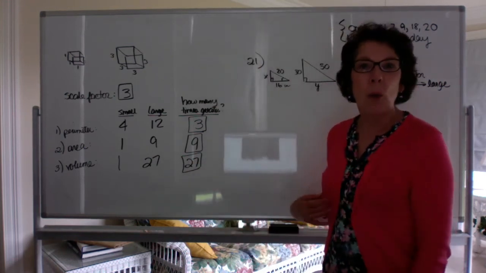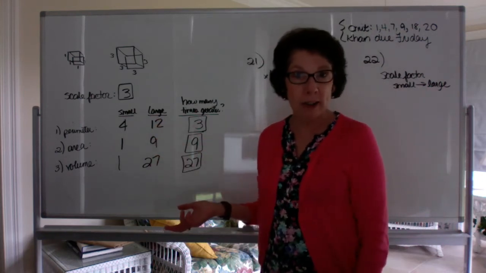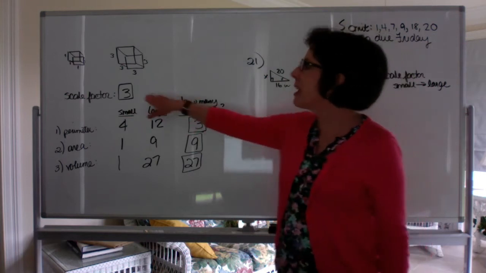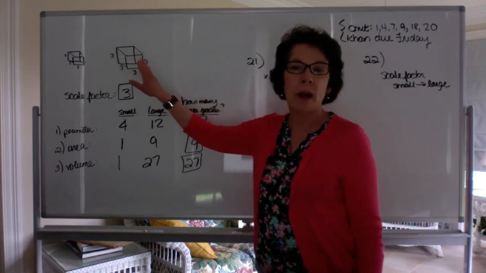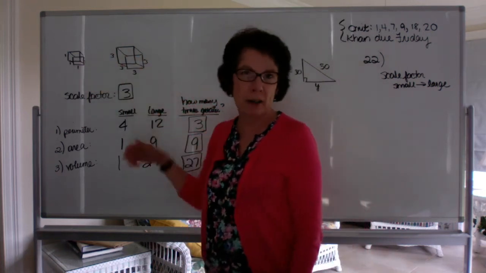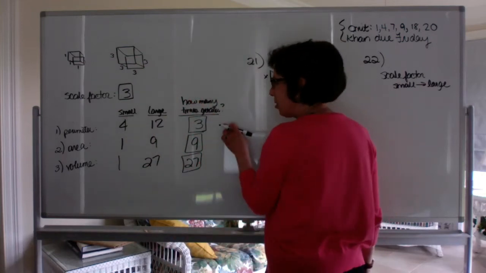Now, we didn't really have to do all of these calculations, even though they were rather simple, because if you know the scale factor between two three-dimensional shapes, or between two squares in this case, you can simply use the scale factor.